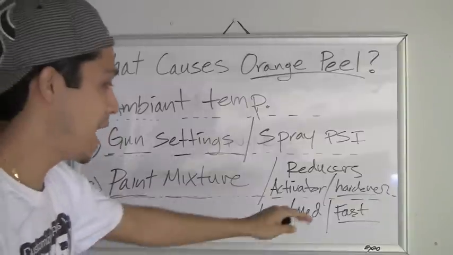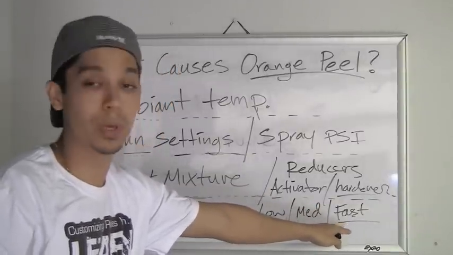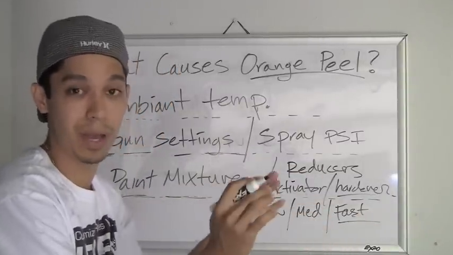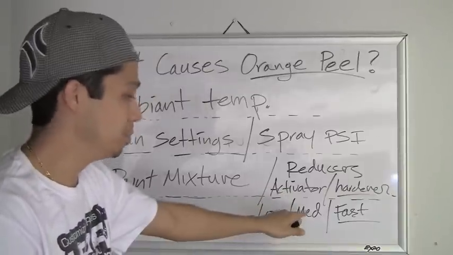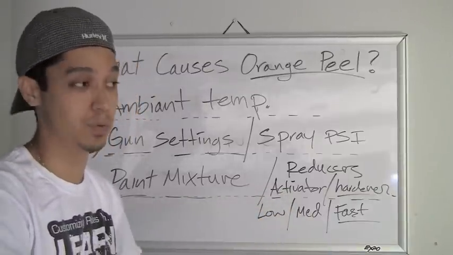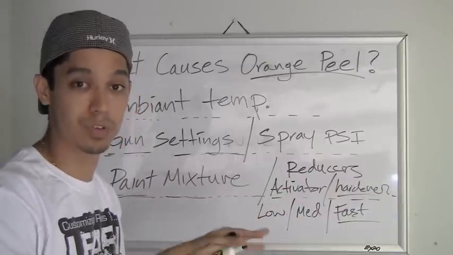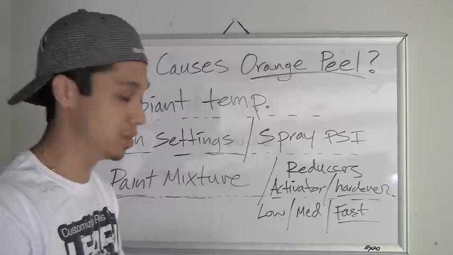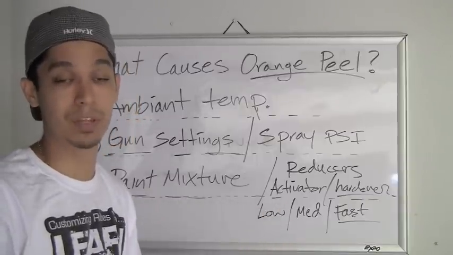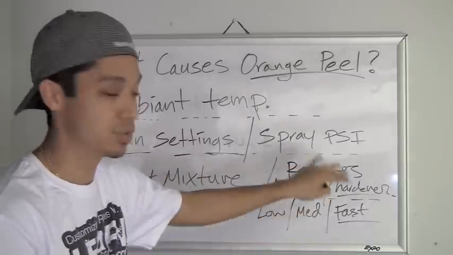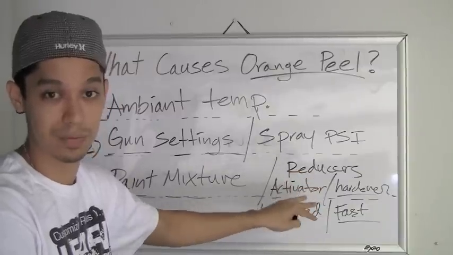Okay, so fast is for doing spot panel repairs, little touch-ups, stuff you want to get done quick. Medium is for colder days of doing a complete paint job. And low is for average temperature days, regular temperature days, where you're doing a complete paint job and you want your paint to flow out. Okay, so that's what this reducer stuff is all about, hardeners and activators.